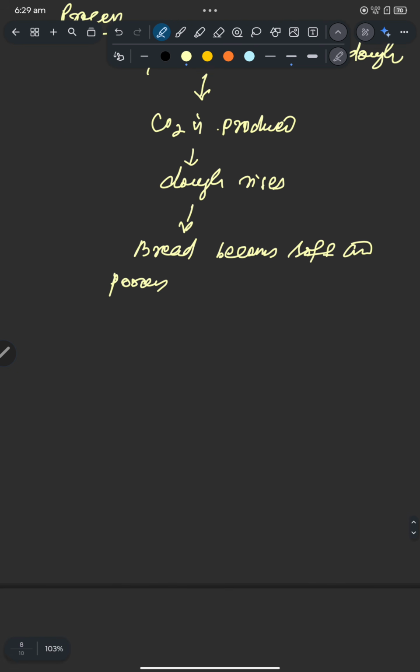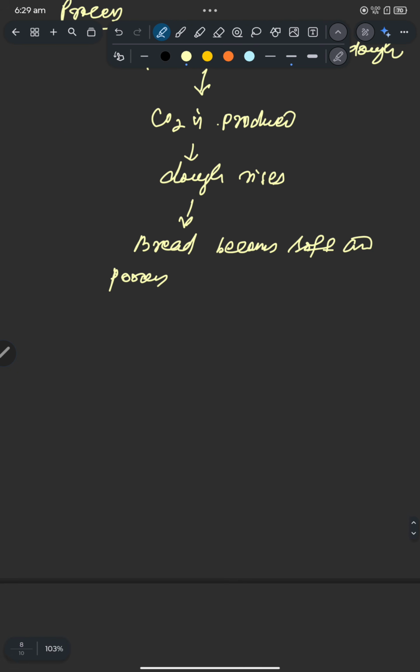Now there are some traditional fermented products obtained due to these microbial activities. Let us see what are they.